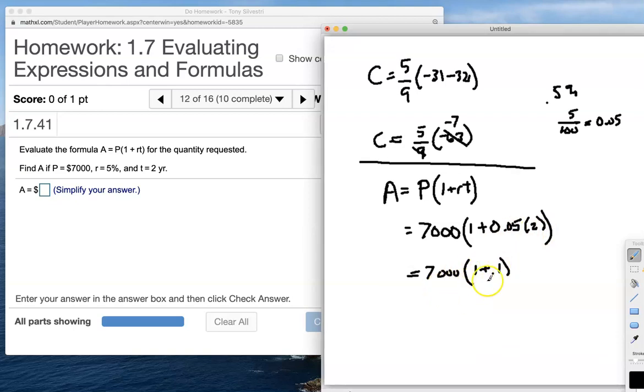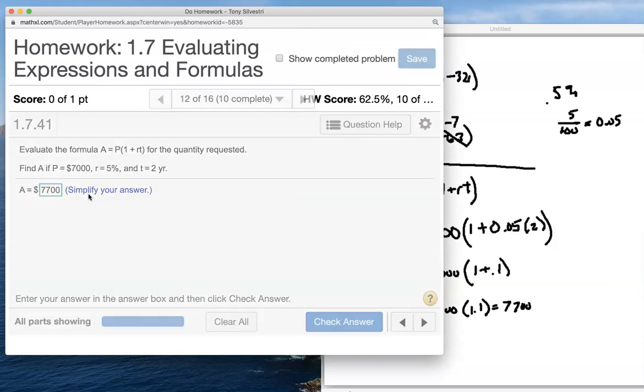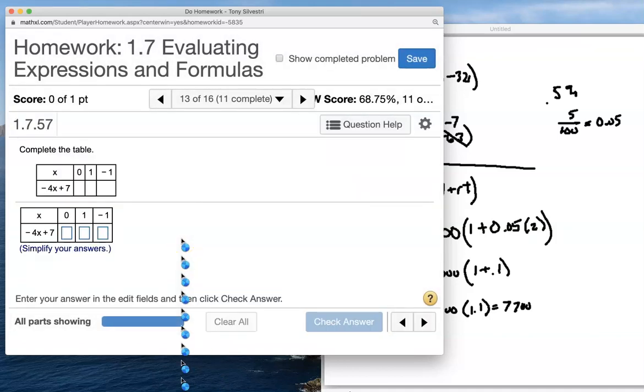And then the value of this parentheses is 7,000 times 1.1. And after 2 years, without doing anything, you'll look in your bank account and you'll have $7,700 in the bank. Let's see if that's true. $7,700. Boom. Yay! Boy, $700 for doing nothing. We made $700 doing nothing.